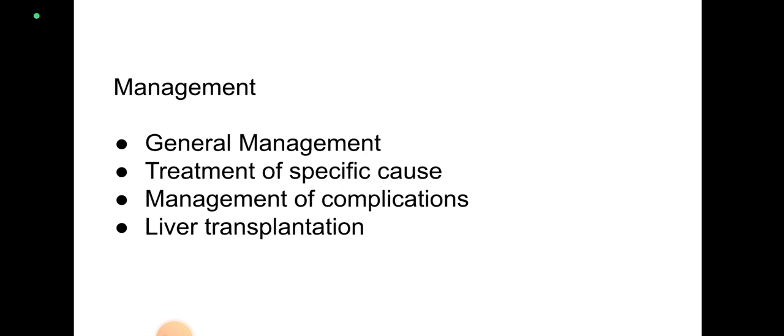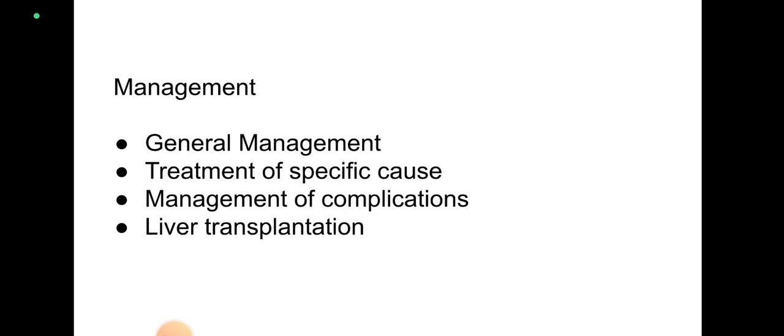Management of cirrhosis includes general management, treatment of specific cause, management of complications, and liver transplantation. General management includes diet, which should have adequate amount of protein and calories, vitamin supplement, and salt restriction.